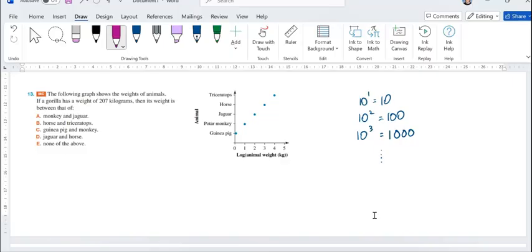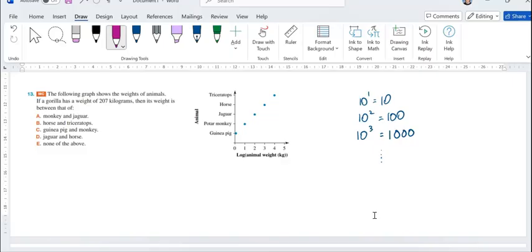We are trying to put the gorilla's weight onto that histogram, and we know that the gorilla weighs 200 kilograms. So on my graph bottom scale, I have 10, I have 100, and I have 1,000, and I know that 200 falls somewhere between 100 and 1,000.